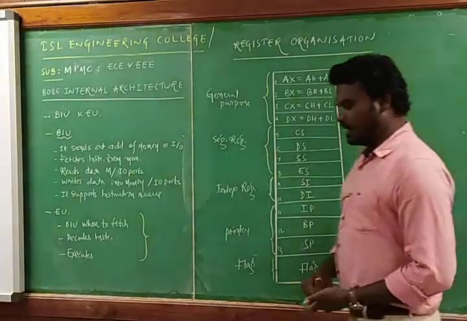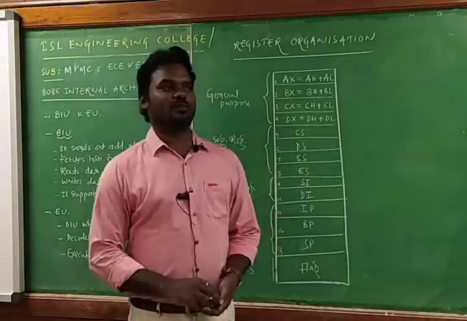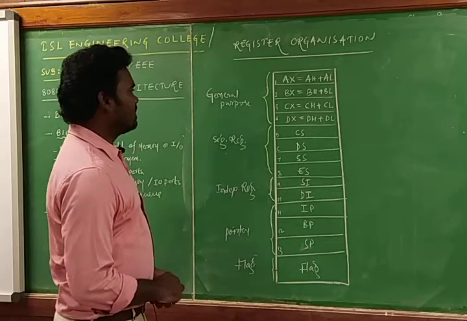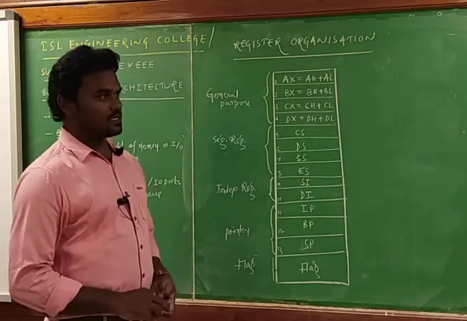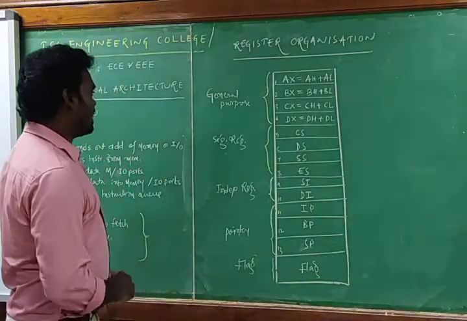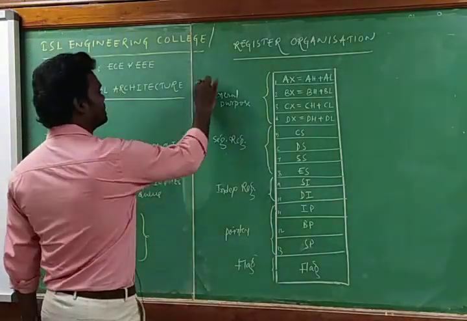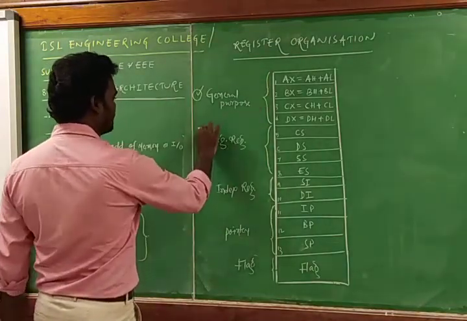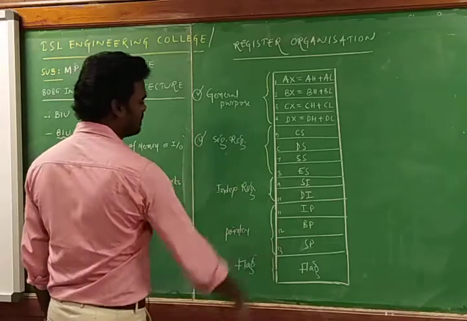So in the internal architecture of the 8086 microprocessor, there are fourteen 16-bit registers, divided into 5 categories. First is the general purpose registers, with 4 registers. Next is the segment registers, with 4 more registers.